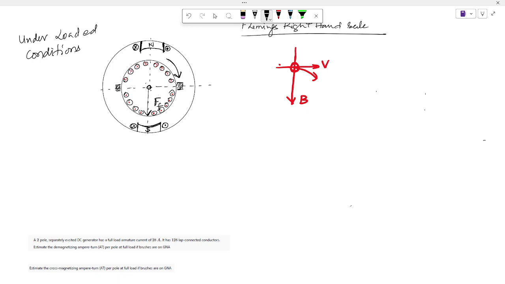Now let me call this FA, as armature flux. The net armature flux will be this. Now the machine is loaded. We have two fluxes. One is the field flux.